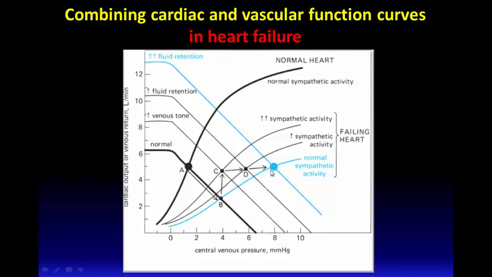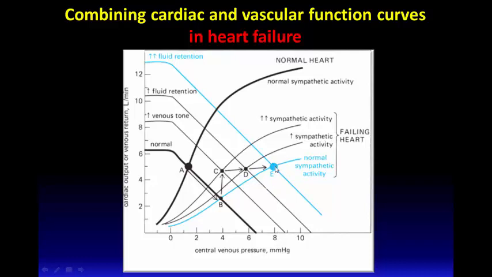and here we have the new operating equilibrium point when there is more excessive fluid retention, and hence the equilibrium point now shifts from D to E, and at this new equilibrium point, again there are no increases in the cardiac output or the venous return, but the right atrial pressure has increased further.